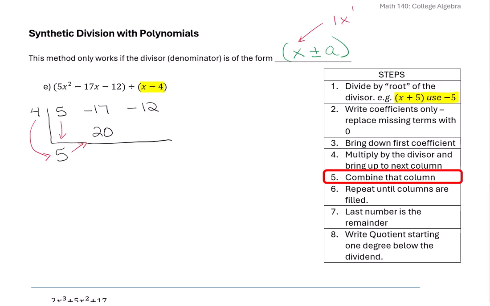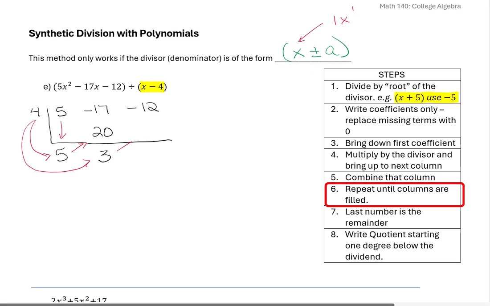Now we combine: -17 plus 20 would give us 3. And then we multiply again. 4 times 3 gives us 12. So we bring that 12 up to the next column and combine. And we repeat that until all of the columns are filled.